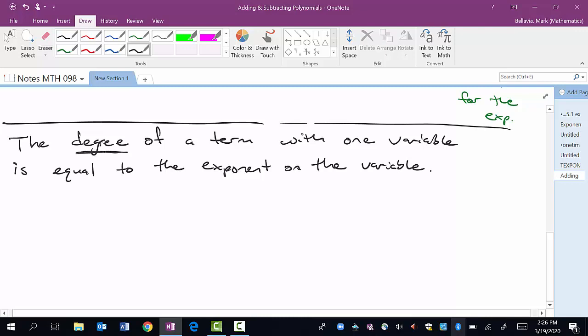That's the important thing: we're talking about a term with one variable in it.